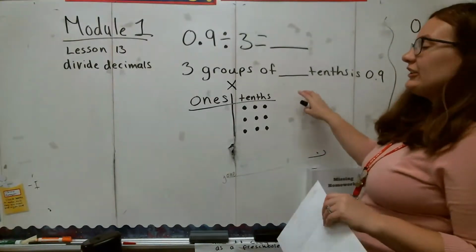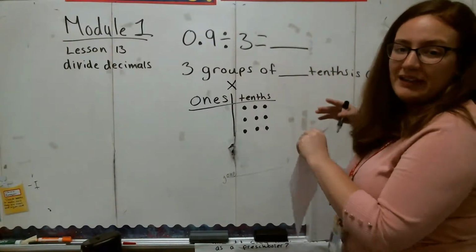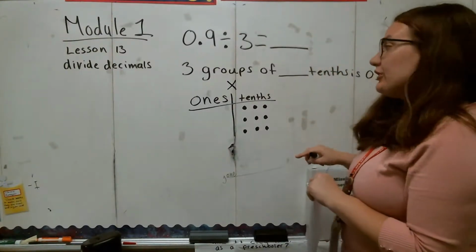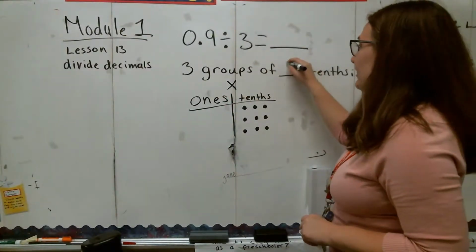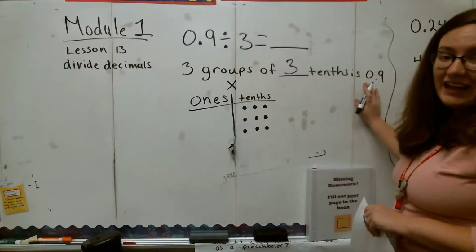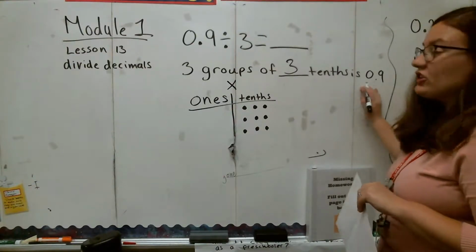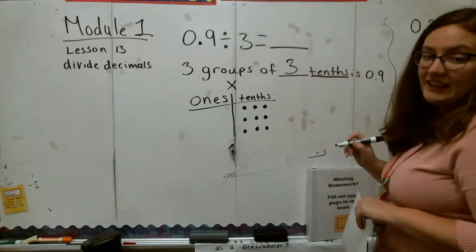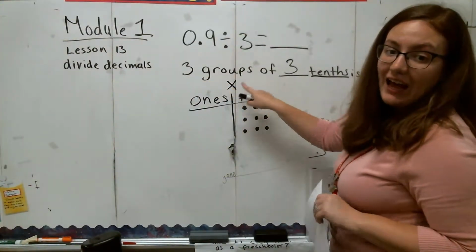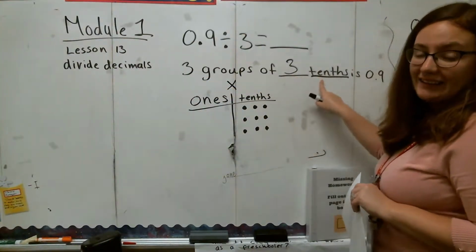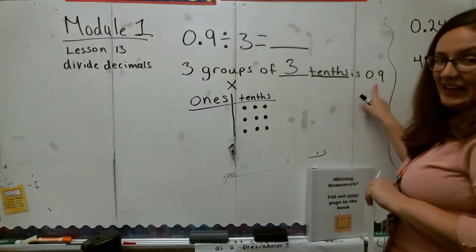Now, you might not know, the units might mess you up a little bit, but you do know that 3 times 3 is 9. The only thing that's changing here is this unit. So 3 groups of, or 3 times 3/10 is 9/10.